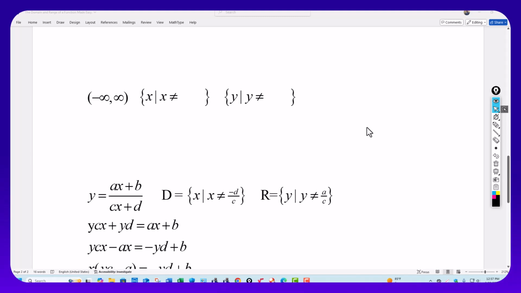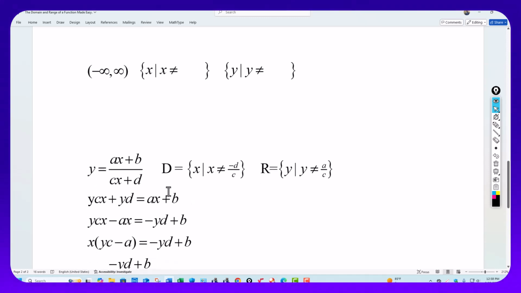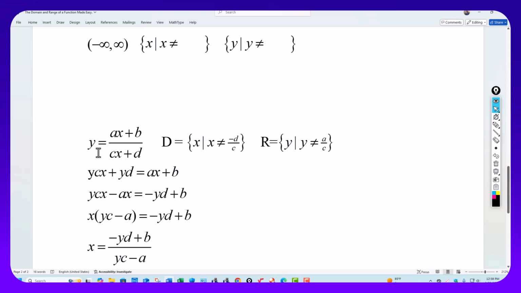So let's suppose you have the rational expression in this form. It could be given as f of x or y. If it's given as f of x, just put a y there and solve it for x. So I went through the steps here. Multiply both sides of this by cx plus d, and you get this right there.